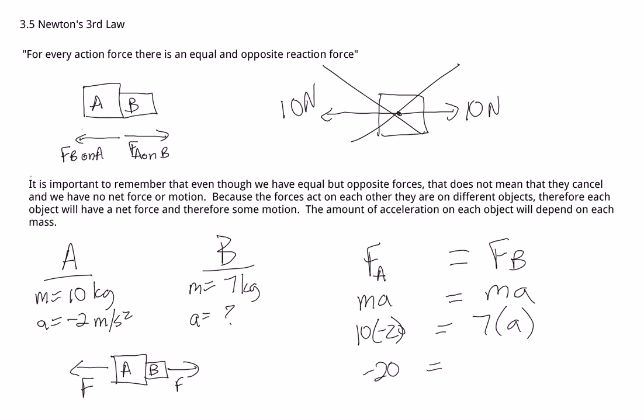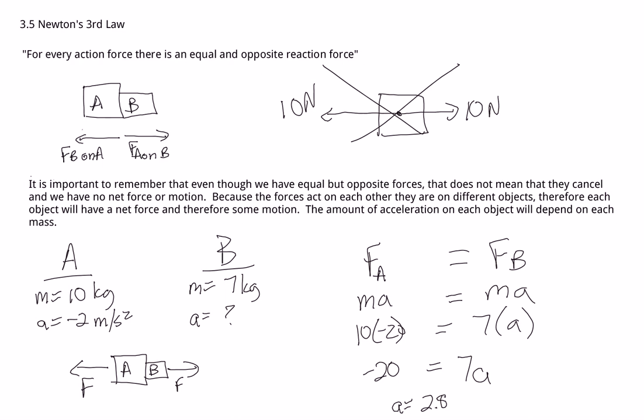So we'd have -20 equals 7a. We don't really have to worry about the negative because we know they're in opposite directions anyway, and that's all the negative is telling you. So if you go 20 divided by 7, that gives you an acceleration of -2.86, and the negative, like I said, just means opposite direction.